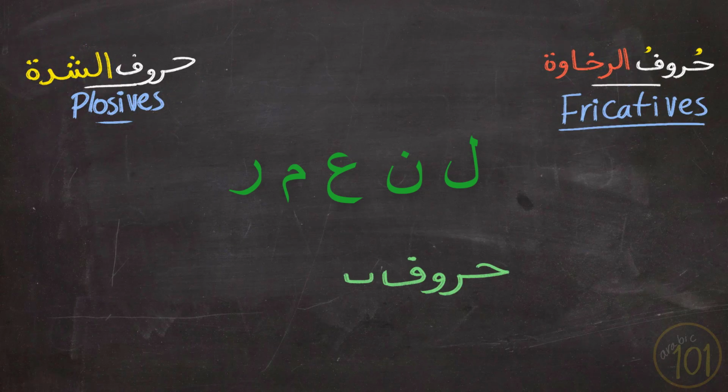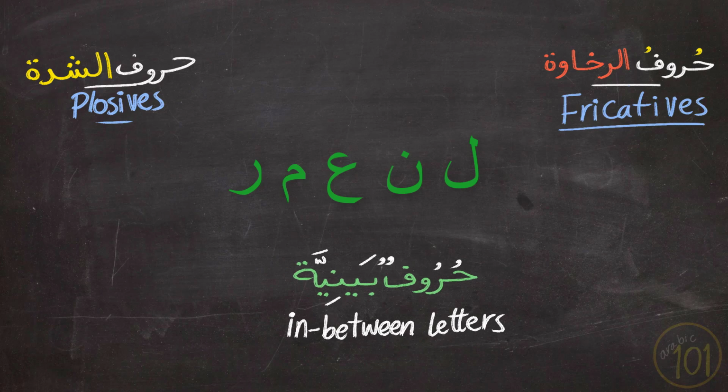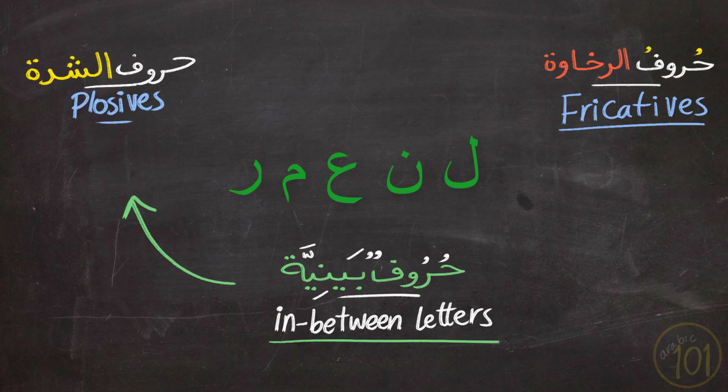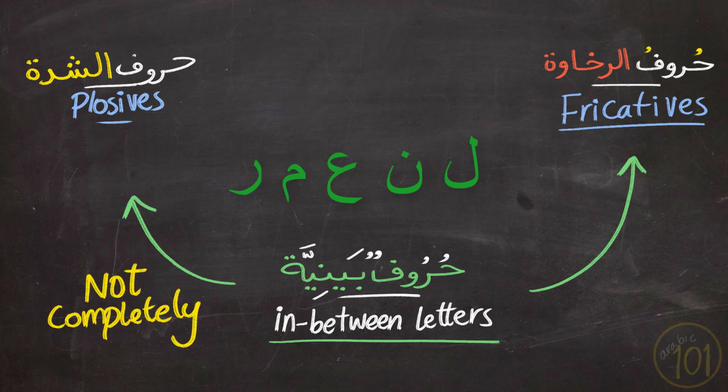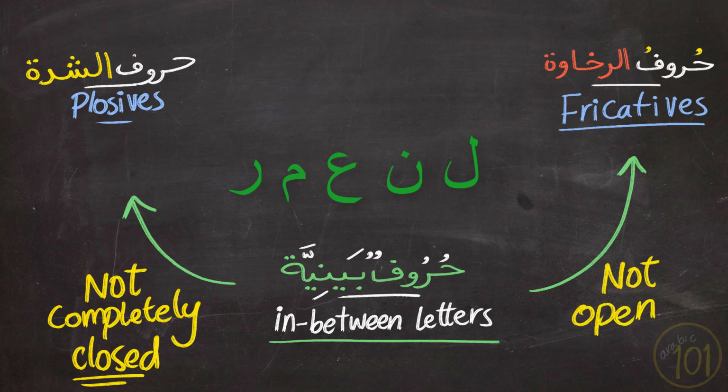We call these letters al-huruf al-bayneyah, which are the in-between letters. They are between Shiddah and Rakhawah. And this means that their makhraj is not completely closed as in Shiddah or partially open as in Rakhawah. But al-huruf al-bayneyah, or in-between letters, have the makhraj that is almost completely closed.